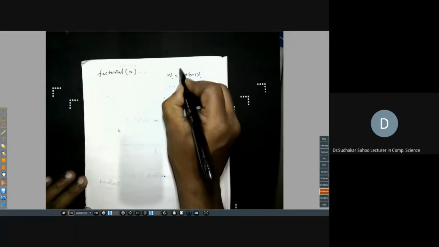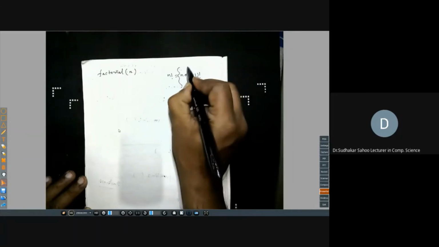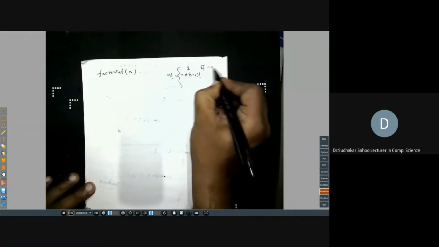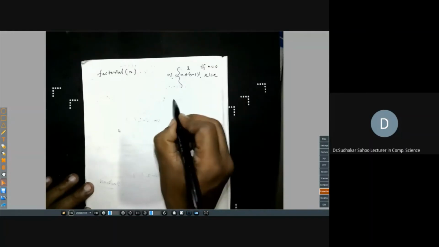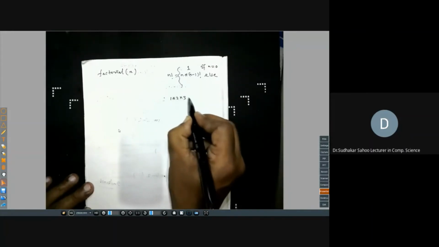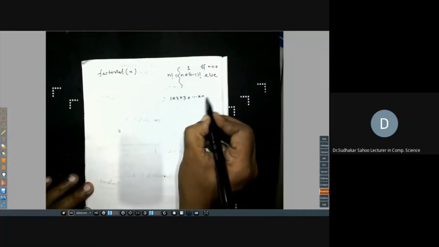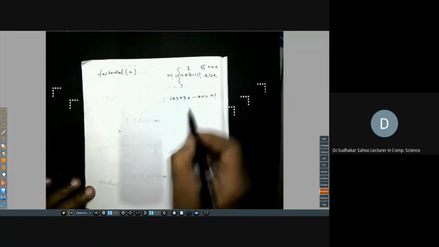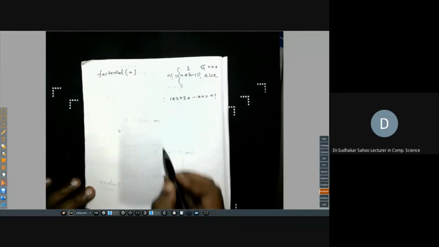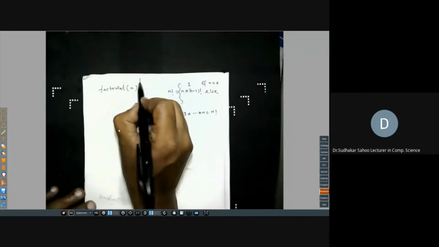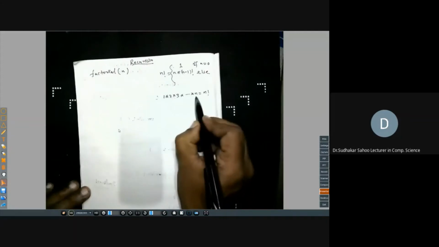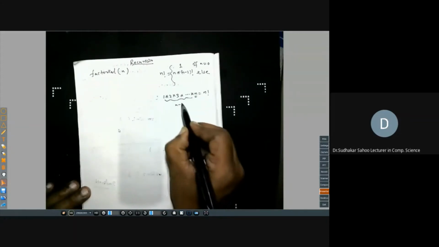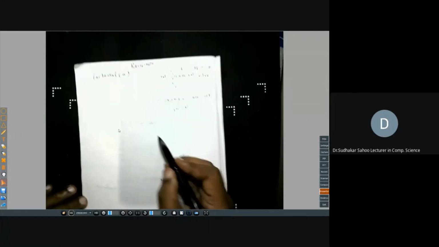So 1 into 2 into 3 into n is n factorial. You can write it using a for loop without recursion, but we are discussing how to write it using recursion.